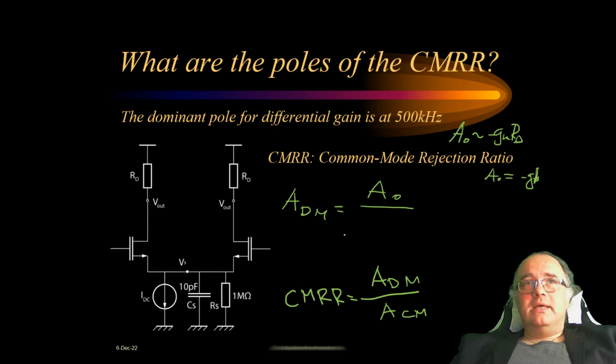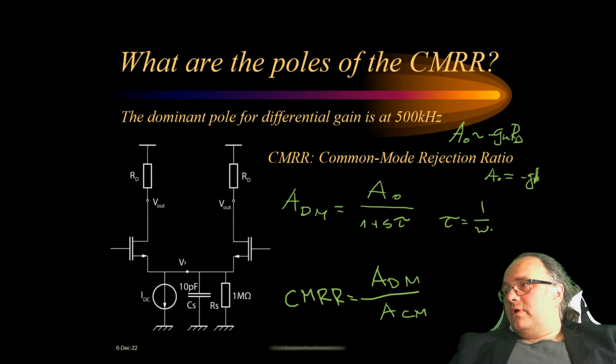And then there is one pole, with behavior 1 over 1 plus s tau, where tau is of course 1 over omega b, the corner frequency, and s we substitute with j omega.